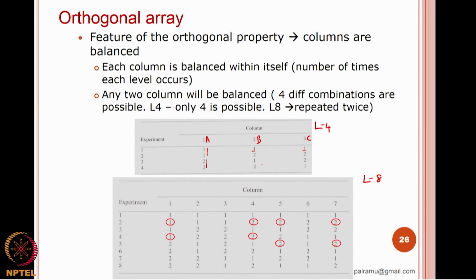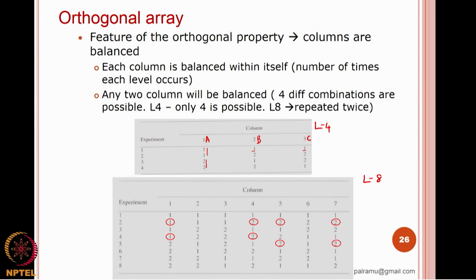Any other combination will also come only once, it will not repeat. 2 and 2, you cannot see another 2 2. 2 and 1, you cannot see another 2 and 1. This holds good between any of these columns: A C, B C, A B, anything.